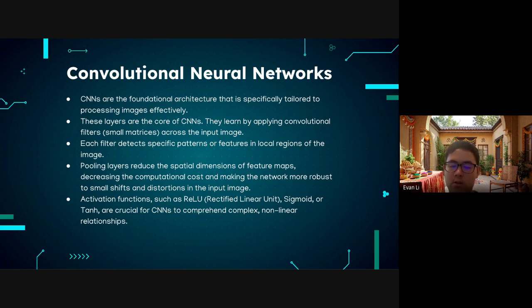These functions introduce nonlinearity into the network's computations, allowing CNNs to model intricate nonlinear mappings between input images and output predictions. Without these nonlinearities, CNNs would be limited to learning only linear relationships and would be incapable of capturing the rich complexities of the visual world.